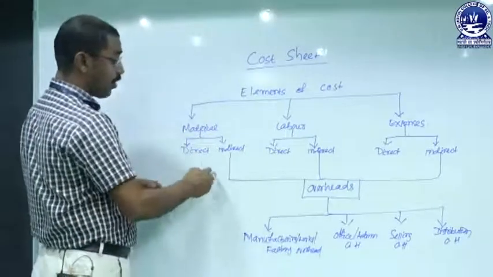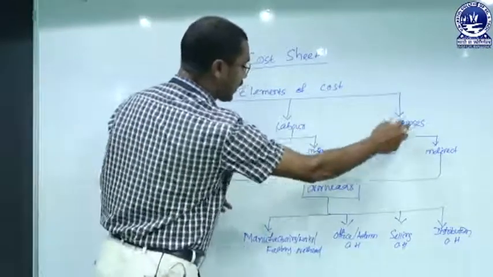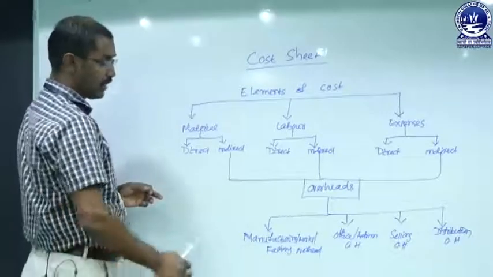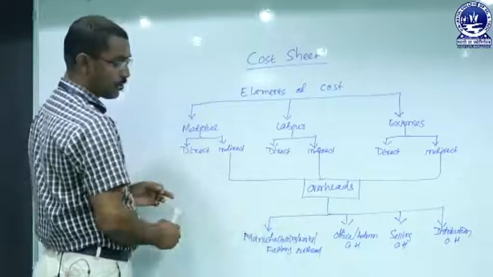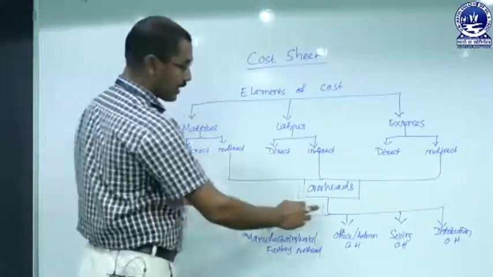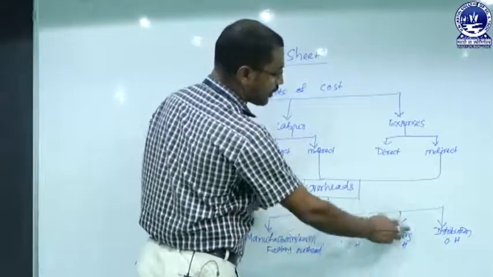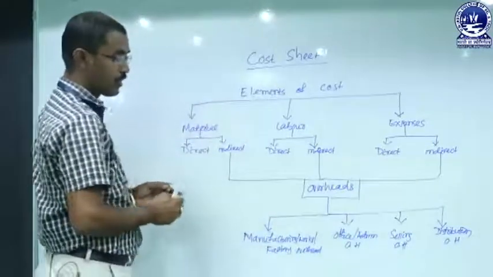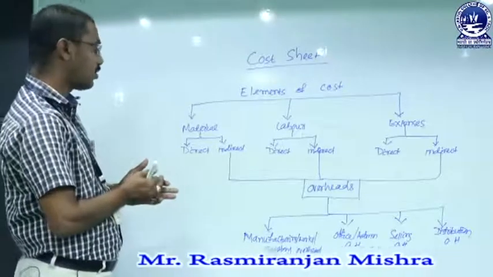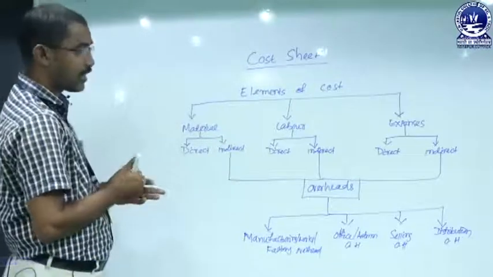The sum total of all indirect items, that is indirect material, indirect labor and indirect expenses, is called overheads. Overheads are divided into manufacturing or works or factory overhead, office or administrative overhead, selling overhead, and distribution overhead. So this is the detailed element of cost. Taking these items into consideration, we will prepare a cost sheet.